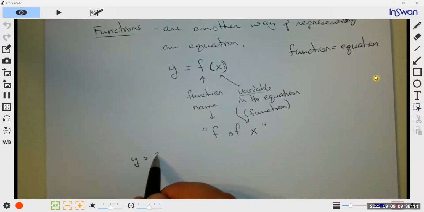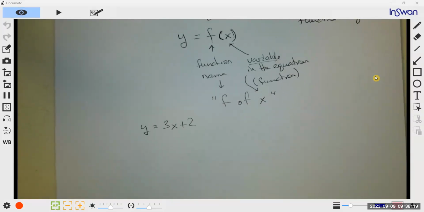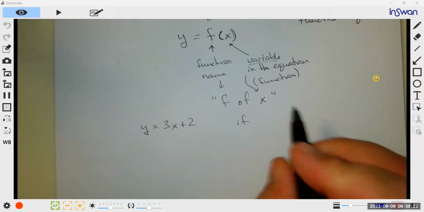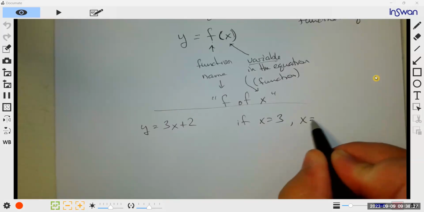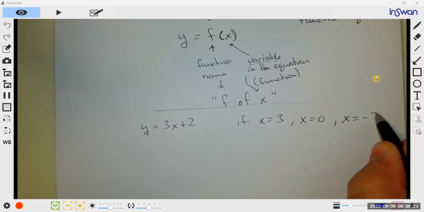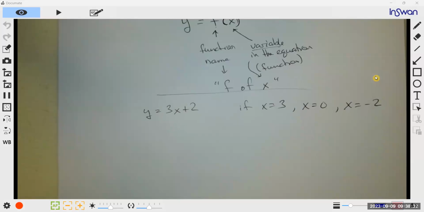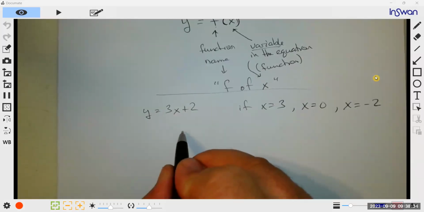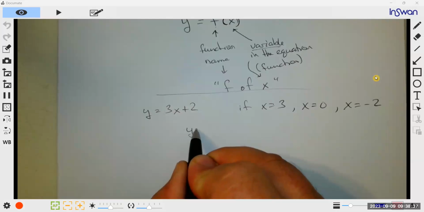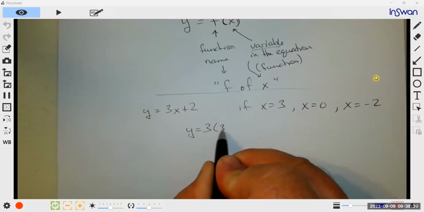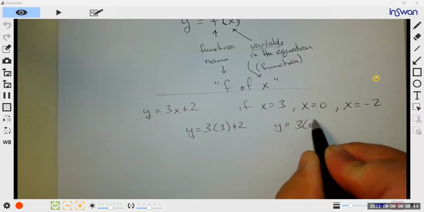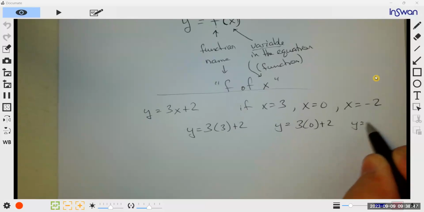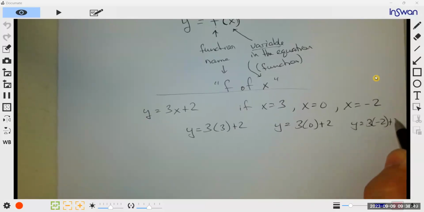So in the past, we had y equals 3x plus 2. I'll say find it if x equals 3, x equals 0, and x equals -2. So from here, you would have to do y equals 3 times 3 plus 2, y equals 3 times 0 plus 2, y equals 3 times -2 plus 2.